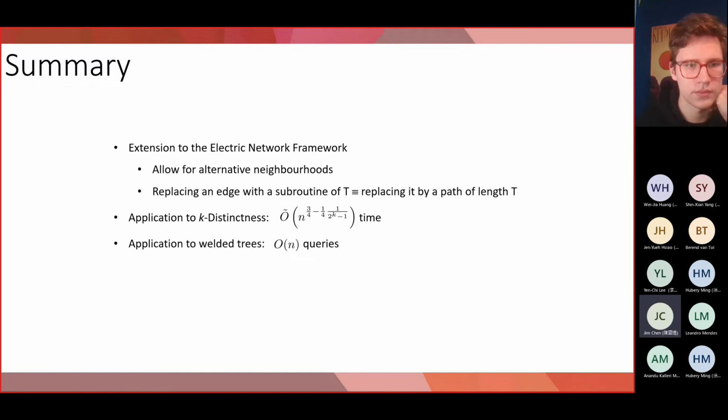And for k-distinctness, could you explain briefly how you use your method to obtain these? Okay, so in the k-distinctness case, you create a graph with different layers. The first layer of vertices is kind of like a Johnson graph, so we just have a subset of elements that contain no collision.